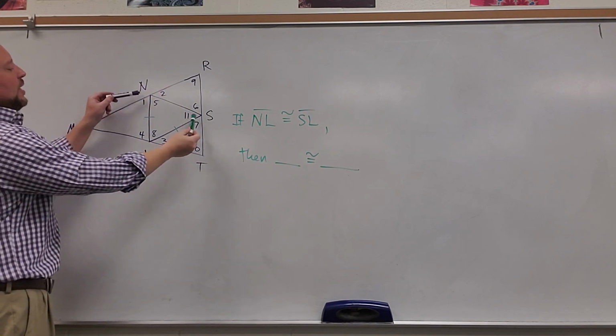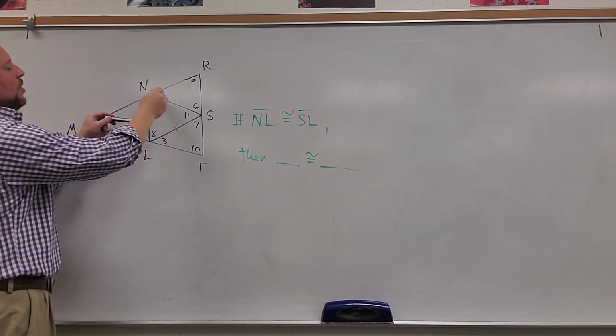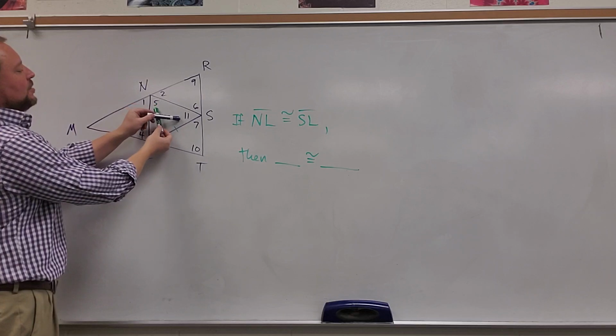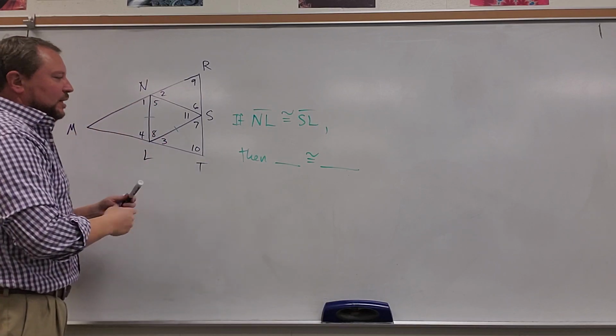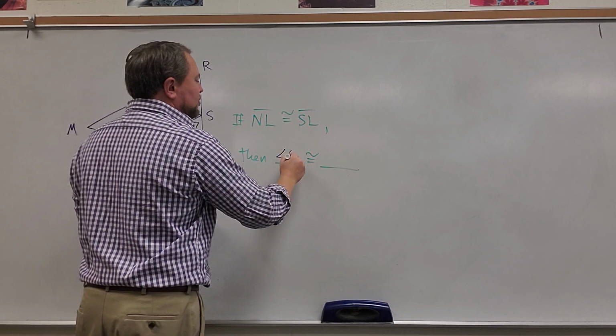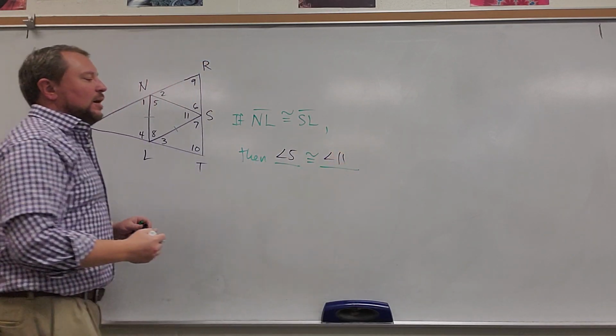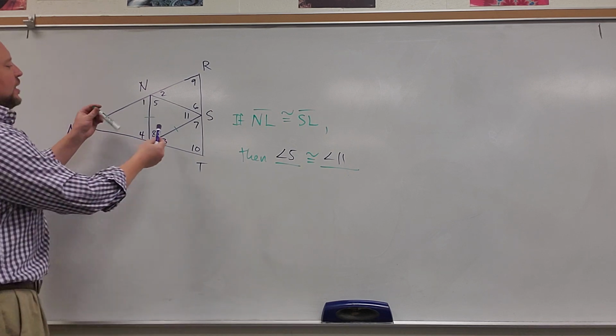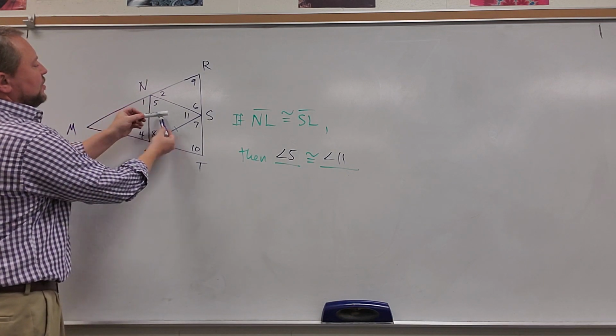See how those two sides that we marked are only a part of that triangle? And across from them, opposite of them, do you see our angles 5 and 11? So there's our answer. 5 and 11 must be the two congruent angles on this one. Because again, they are directly opposite of those sides.